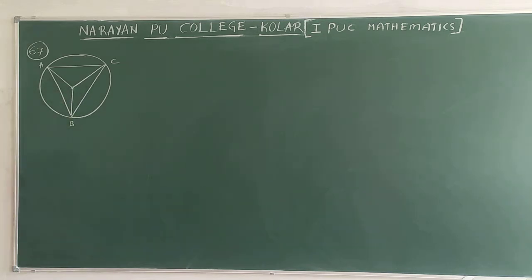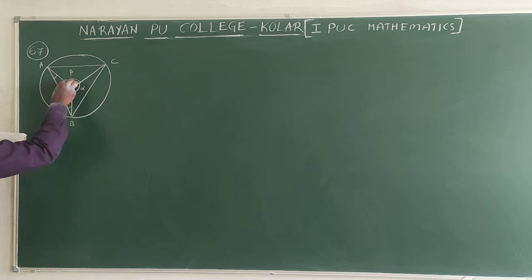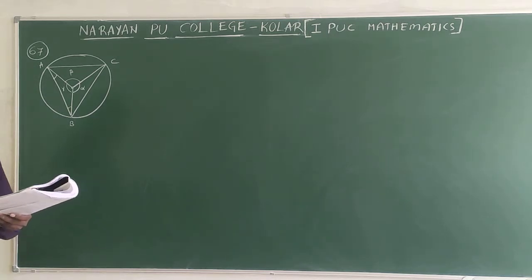This is given. Next, this should be beta, this should be alpha, this should be gamma.